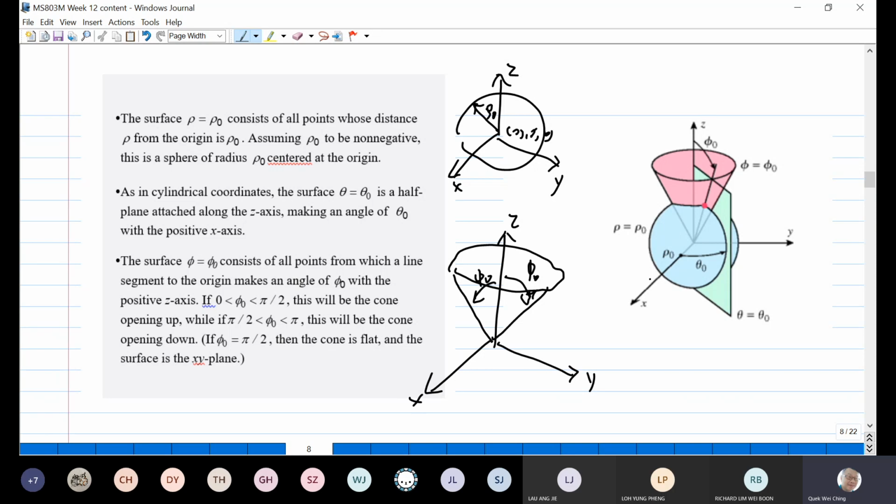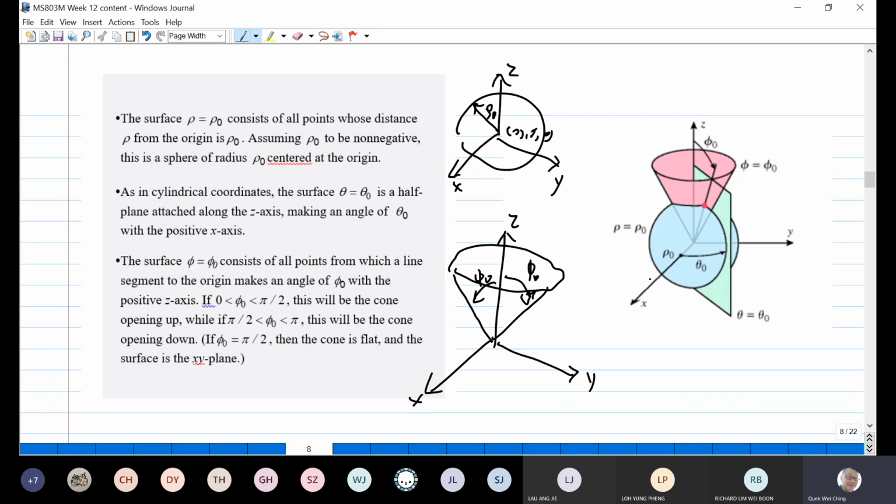Okay, this is for phi from 0 to pi over 2. When phi equals 0, it is actually on the z-axis. When phi equals pi over 2, you actually get the whole plane already.